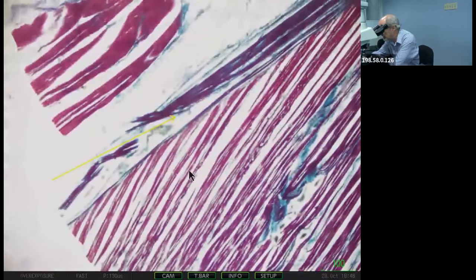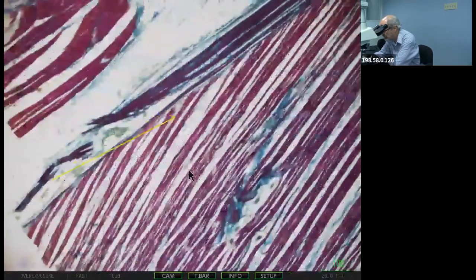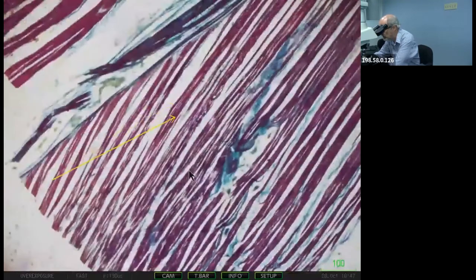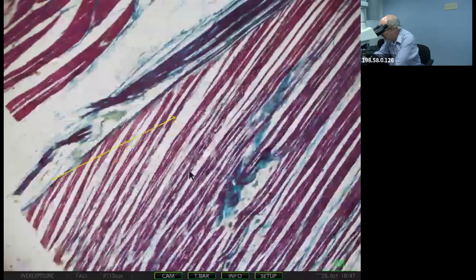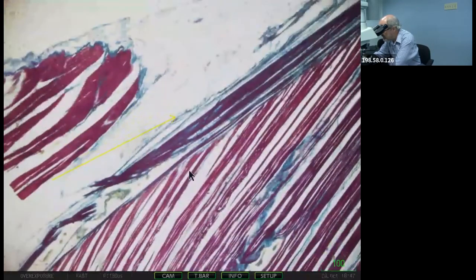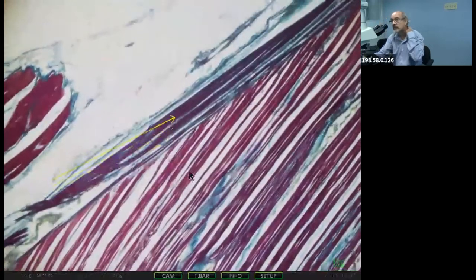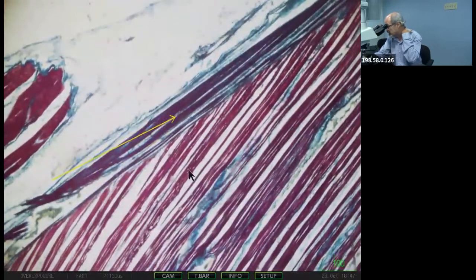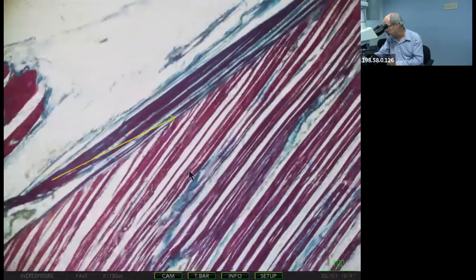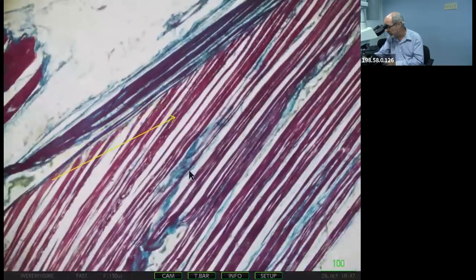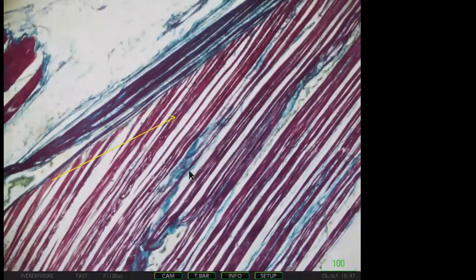In this special staining, which is called Gomori's trichrome, the connective tissue is stained green, and the muscle fibers are stained brown or purple.